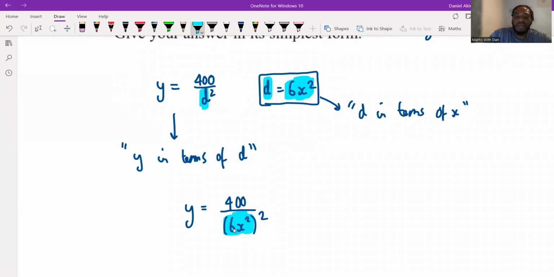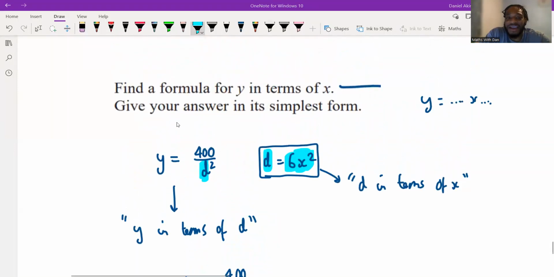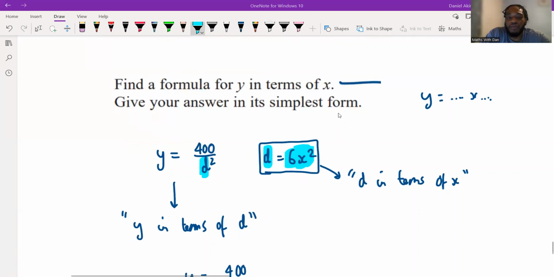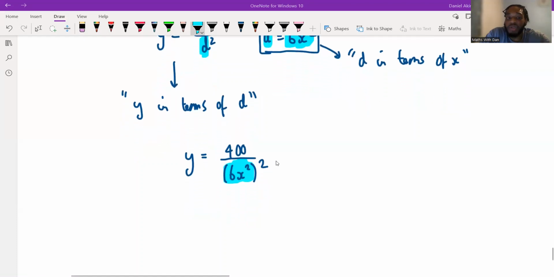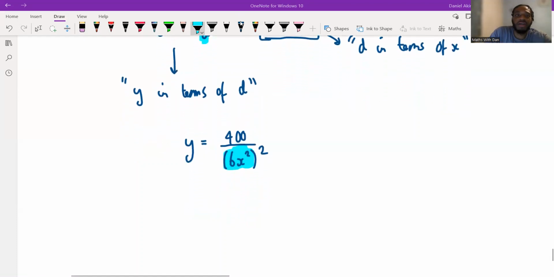Yeah. Okay. So I can see from the chat that a couple of people got something close to this, or they got here. However, there's a final line. Give your answer in its simplest form, right? So what does that mean? Well, it means that you need to simplify where possible, and you can simplify this, right? So if I just put this here, 6x squared, right?